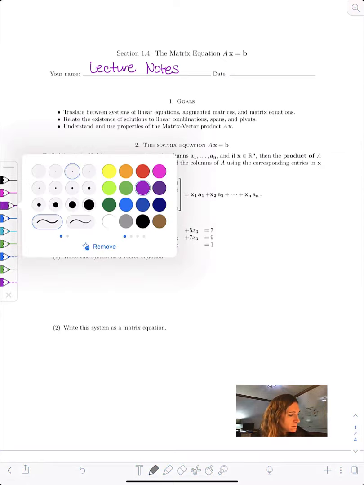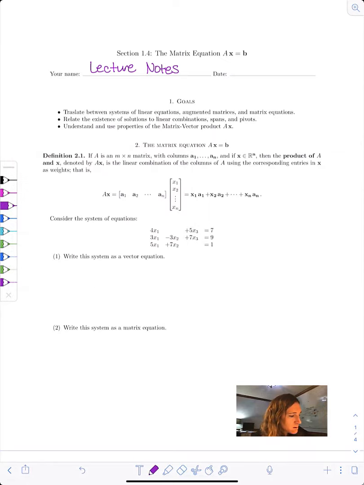And just so you can really see the sizes, A here is m by n, and then we're working in Rn, so this is n by 1 vectors. This makes sense because we're matching each column from A up with a row in X, so we need the number of columns to match the number of rows in order to multiply.